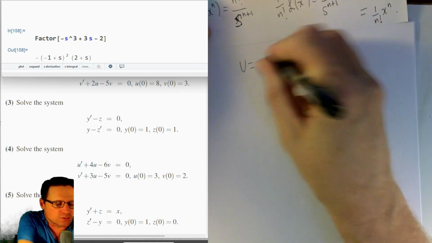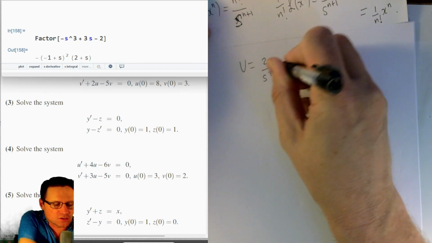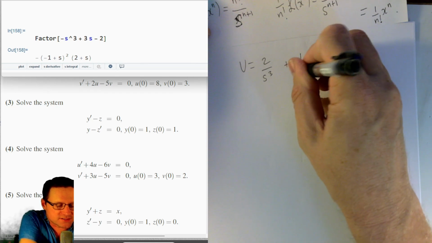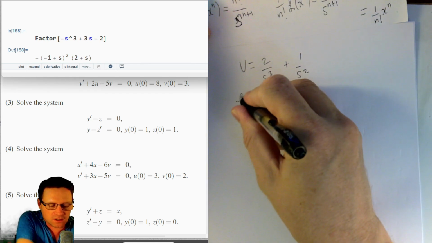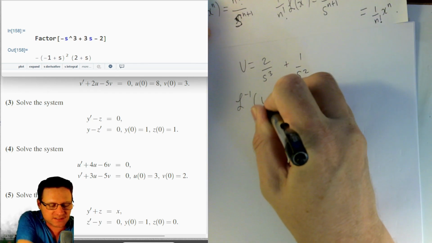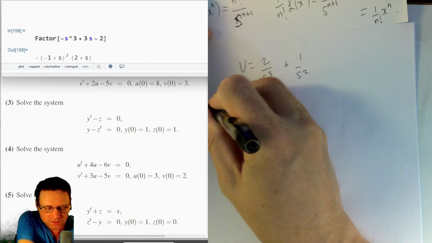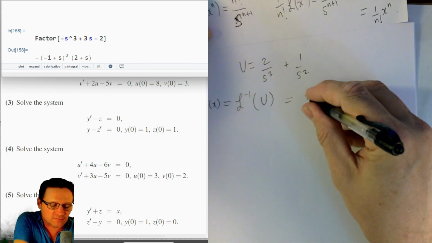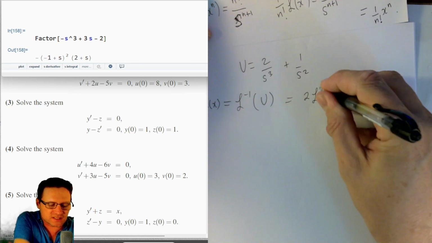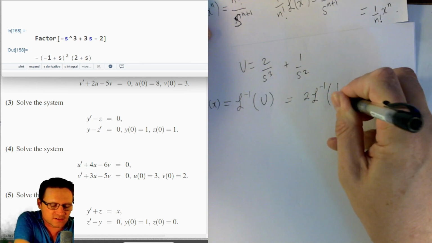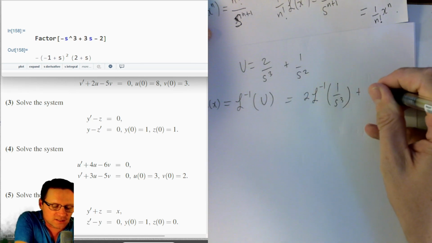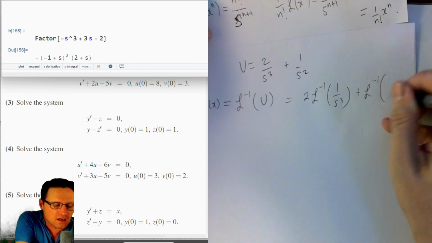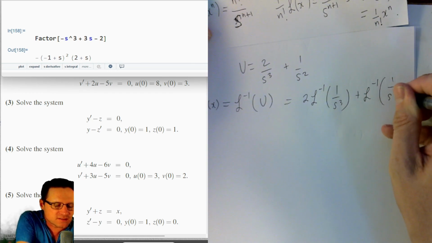So we have u equals 2 over s cubed plus 1 over s squared. And so inverse Laplace of uppercase U is lowercase u as a function of x. So we have 2 times inverse Laplace of 1 over s cubed plus inverse Laplace of 1 over s squared.